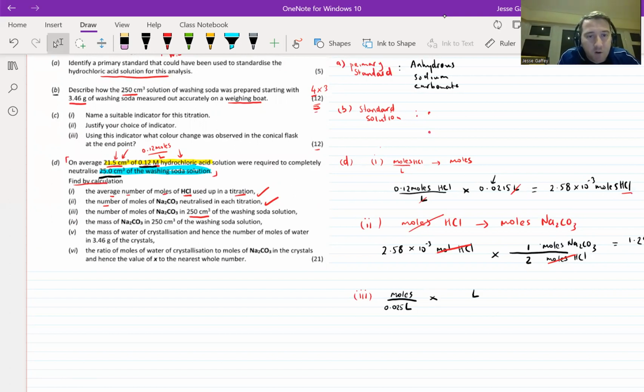We want to find moles per 250 centimeters cubed, which is 0.25 liters. So notice the difference. This is 0.025 because this was the moles in 25 centimeters cubed. And we want to go to moles in 250 cm cubed, which is 0.25. Okay. So that's the plan.